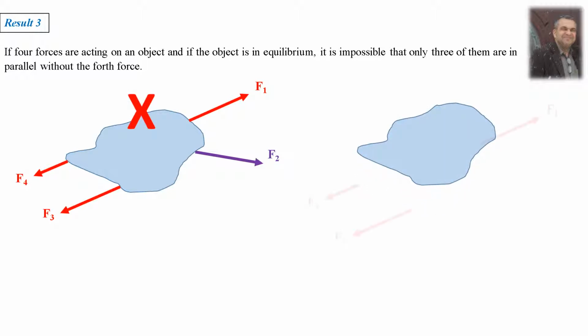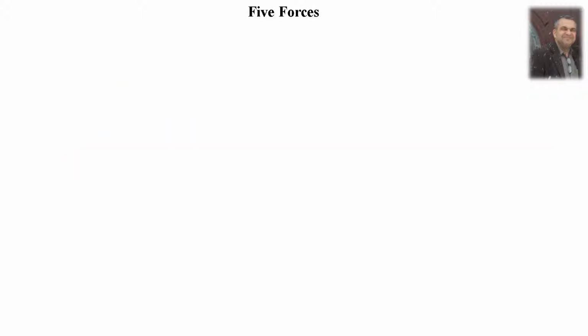Certainly F2 also must be parallel to the others. But definitely this is a necessary condition, but may not be enough to tell if the system is in equilibrium. So one has to be aware of that, because the equilibrium depends on the distances and the values of those forces.